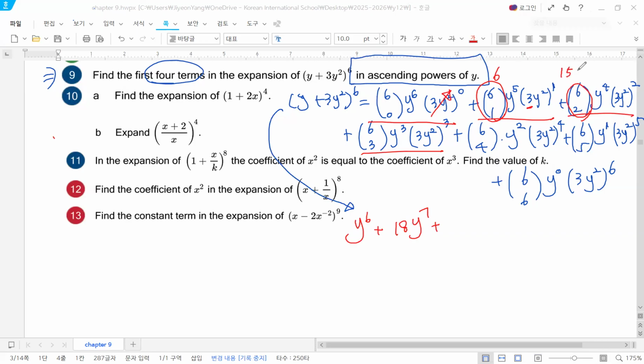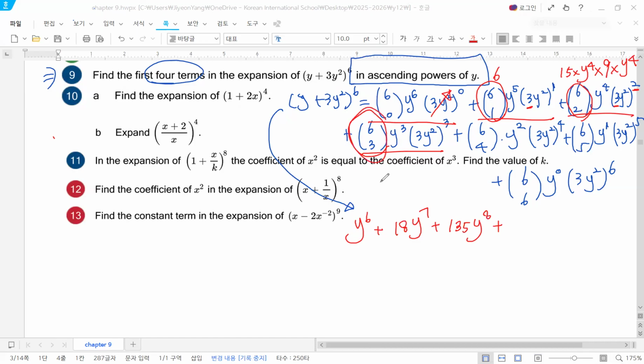15 times y to the power of 4 times 3 squared, which is 9, times y squared squared. What is it? y to the power of 4. Very good. So 15 times 9 is 135 y to the power of 8. Plus 6C3.